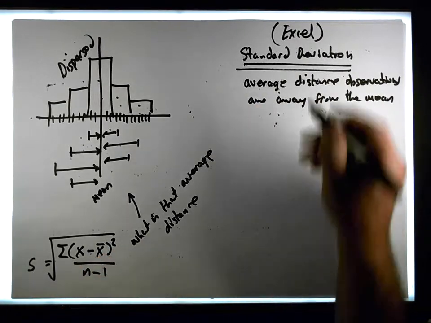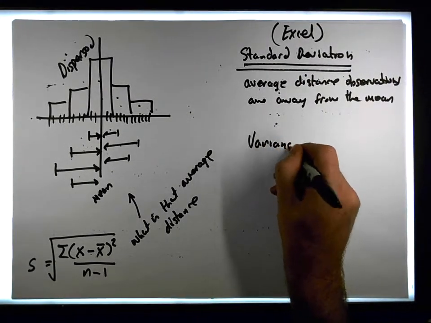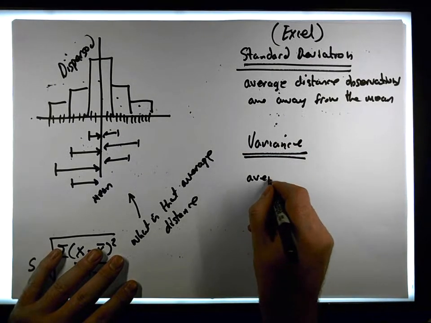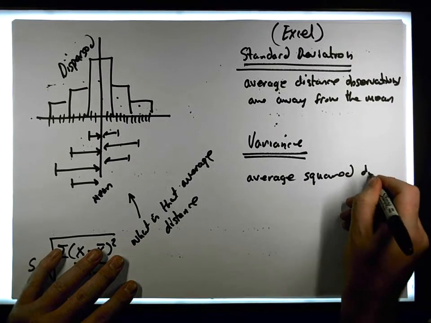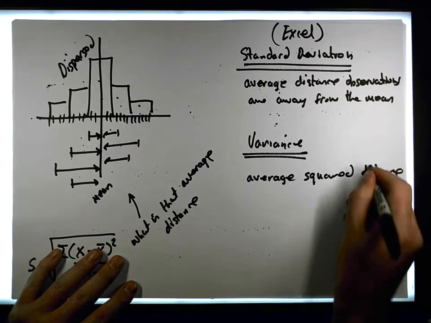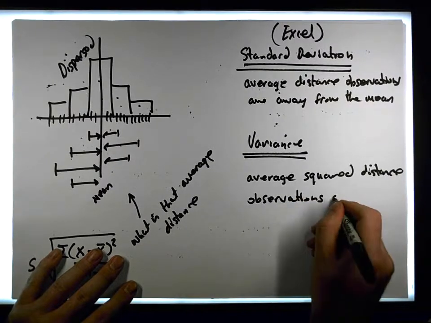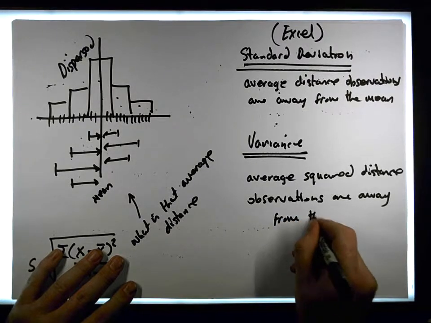But alongside the standard deviation is what's known as the variance. The variance is the average squared distance observations are away from the mean value.